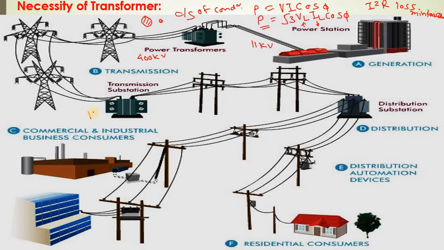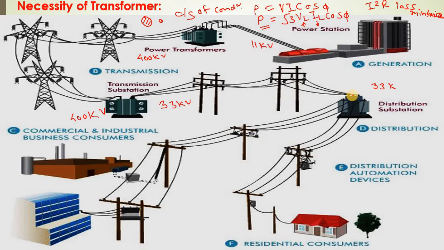Again the transformer at the receiving end will convert this 400 kV into 33 kV. So this 33 kV will be given to commercial or industrial business consumers, and also to the distribution substations.